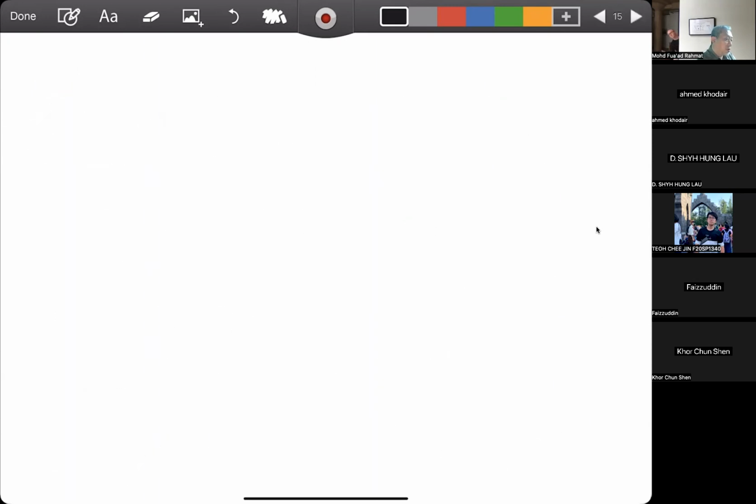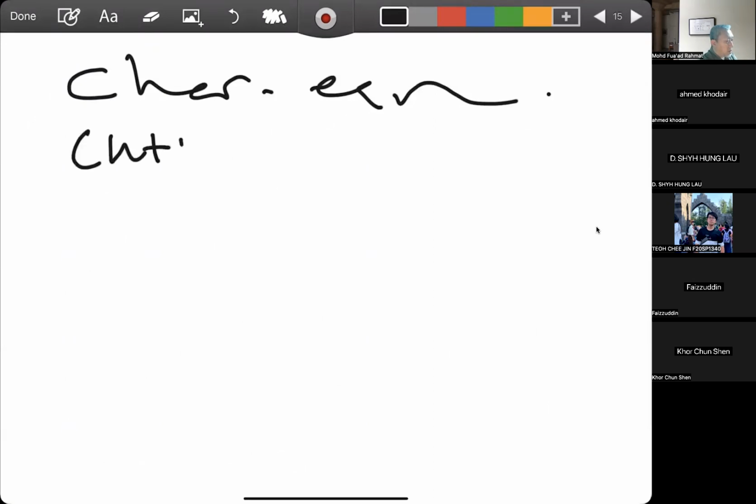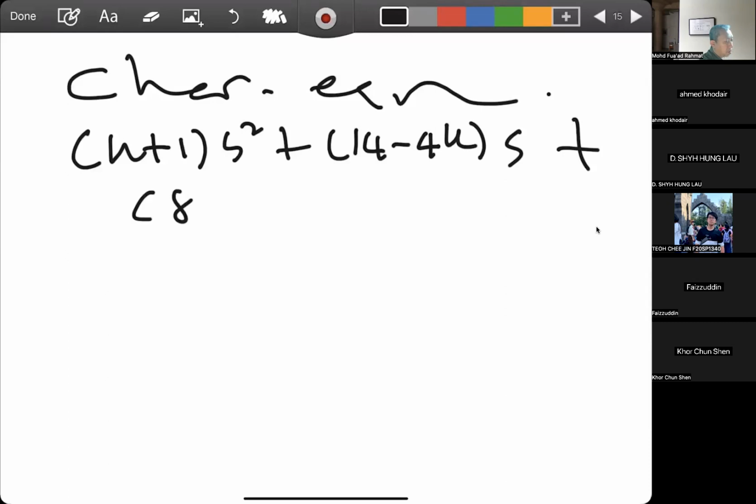And then after you find the closed loop, find the characteristic equation: (K plus 1) s squared plus (14 minus 4K) s plus 8K plus 40 equal to 0.